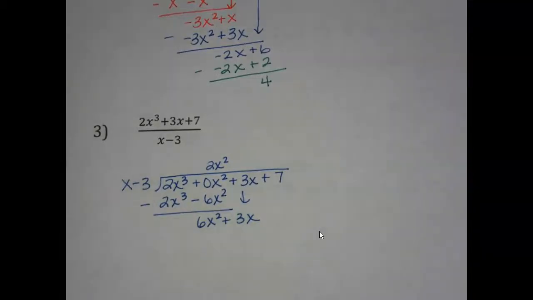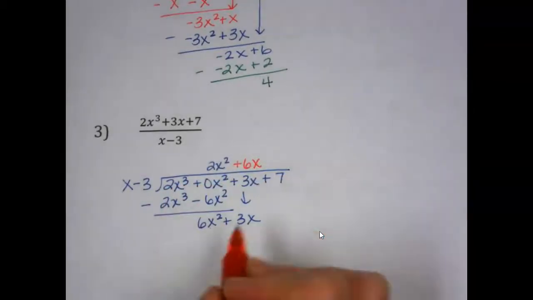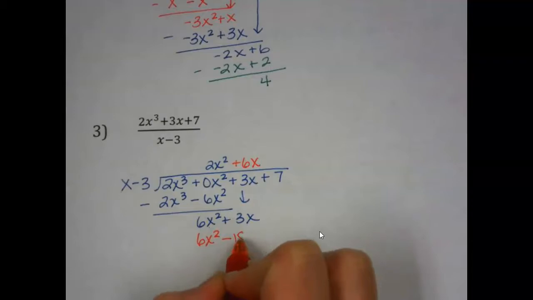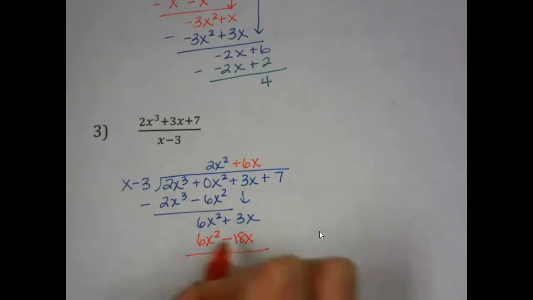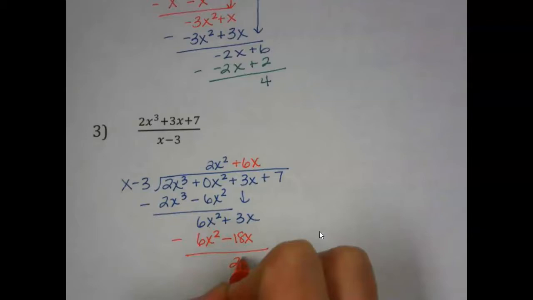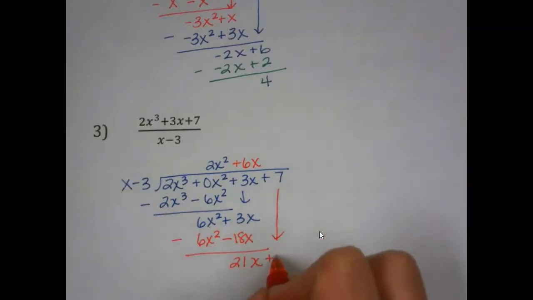Then I repeat the process again. So I say 6x squared divided by x is 6x. Multiply, so that's going to be minus 18x, but since we're subtracting, it's really adding, so that's 21x, and then bring down the 7.